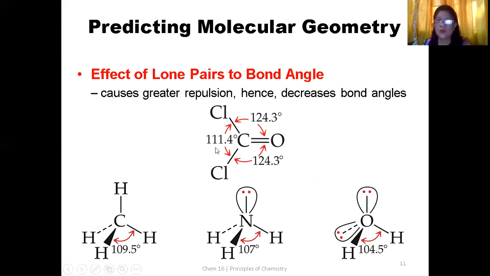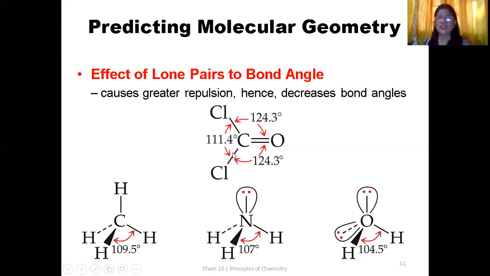So what happened here is your carbon will be at the center. Count it out. How many bonds does it have? Carbon is 4, chlorine is 7, 7 times 2 is 14, then plus 4 is 18, plus 6, 24.